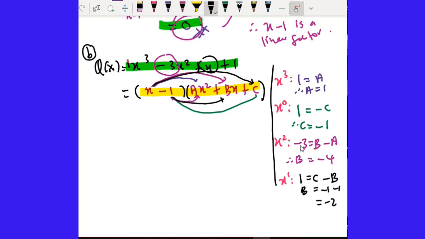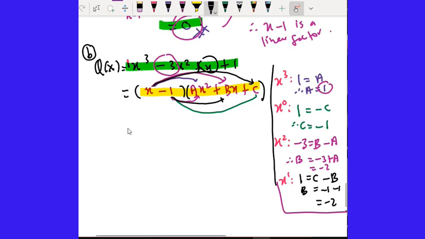So this is negative 3 B minus A, right? So B is... okay. This one is negative 3 plus A, right? A equals 1, so negative 2. That is why you double check. It is important to double check for x squared and x.